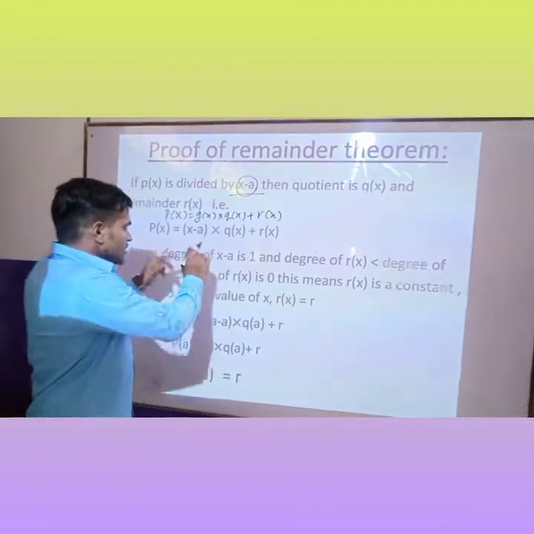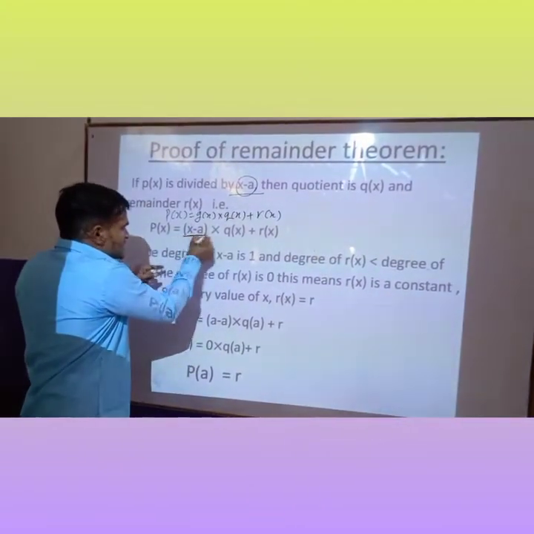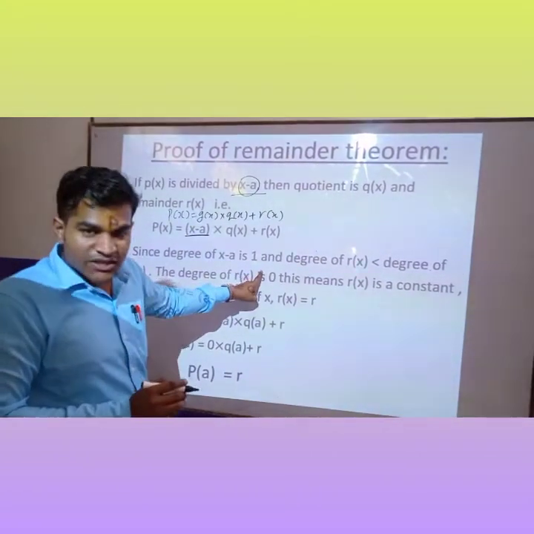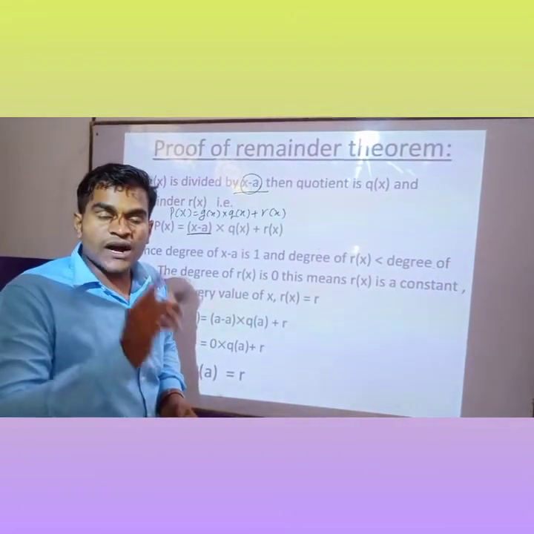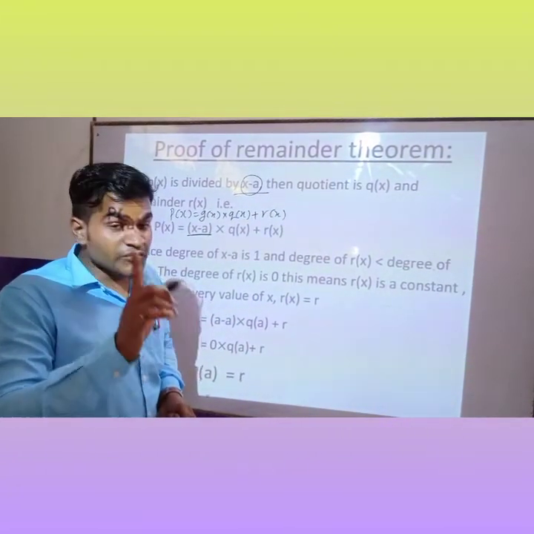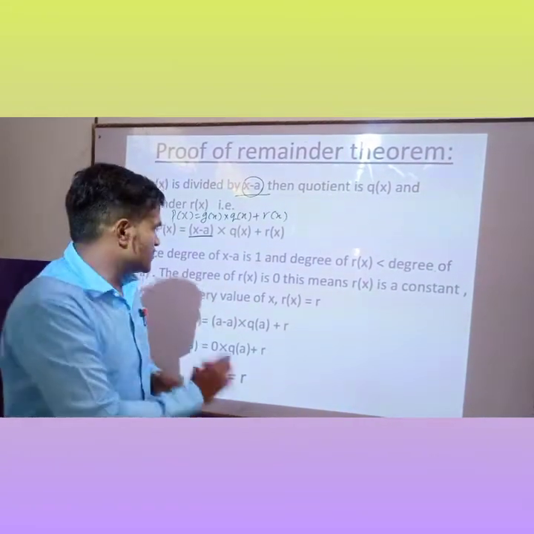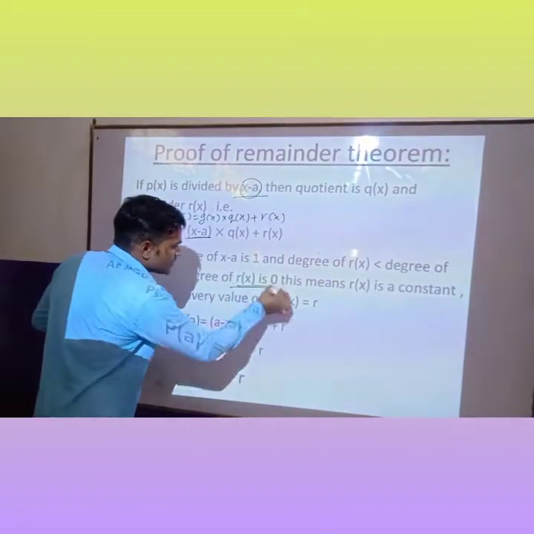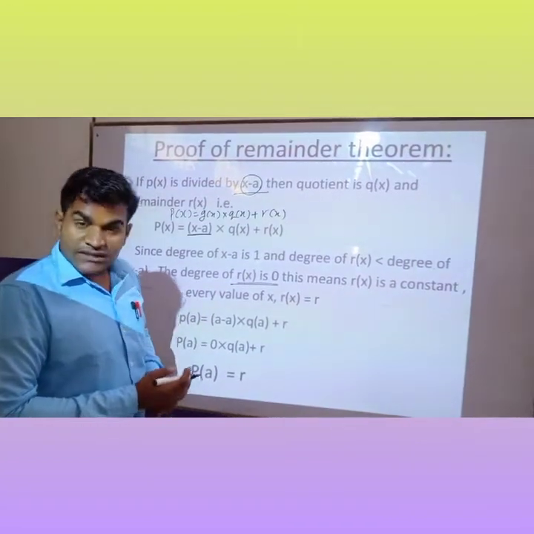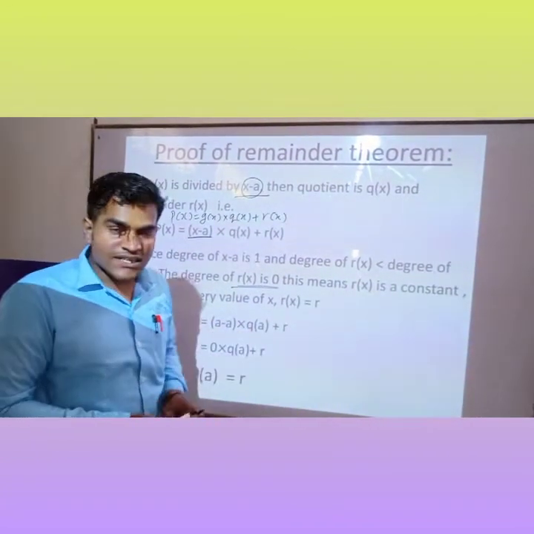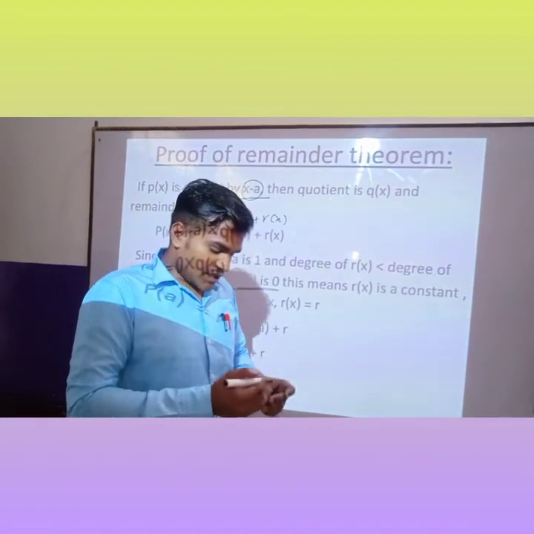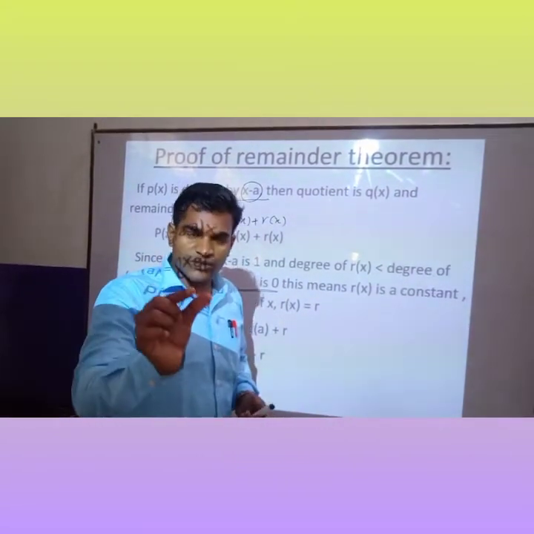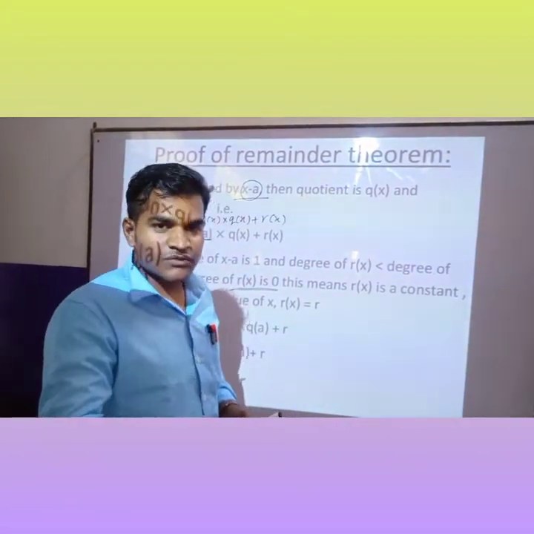So if the degree of x minus a is 1, because it is a linear equation, then what will be the degree of r(x)? The degree of r(x) will be 0. If the degree of r(x) is 0, then r(x) is a constant. As we know, the degree of a non-zero constant polynomial is 0.